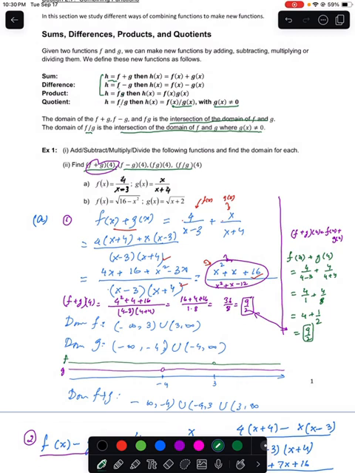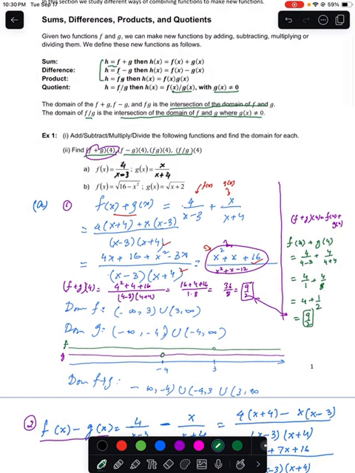Green is the domain of f, and purple is the domain of g. And in this case, we have to throw away -4 and we have to throw away 3. So that gives us the domain here: -infinity to -4 union -4 to 3 union 3 to infinity.